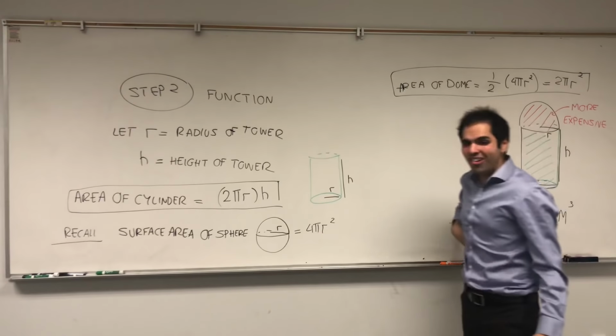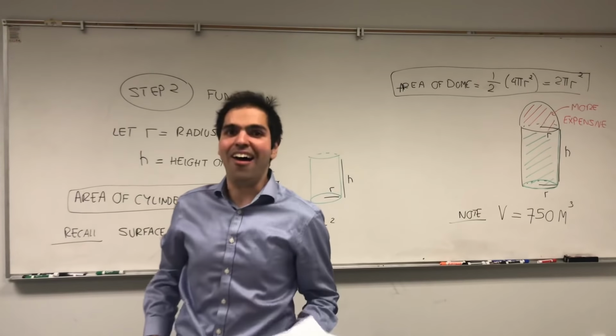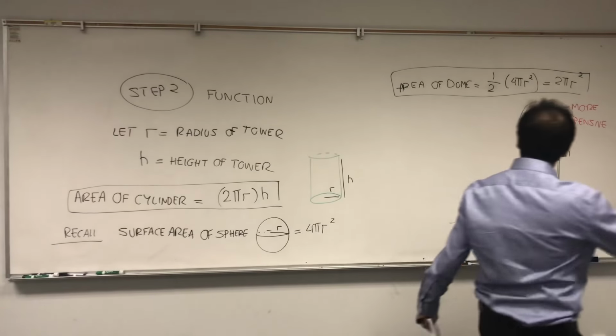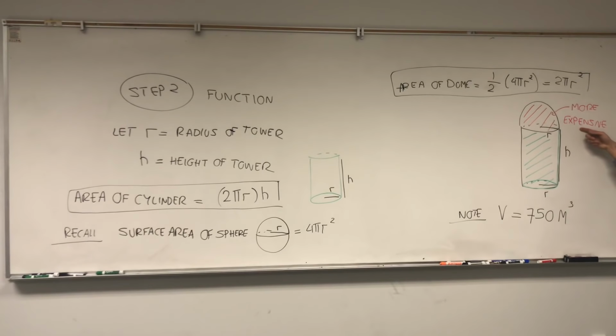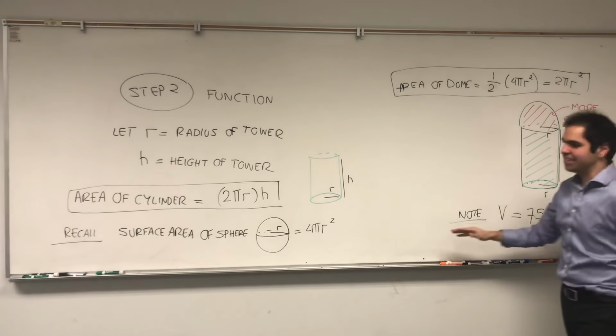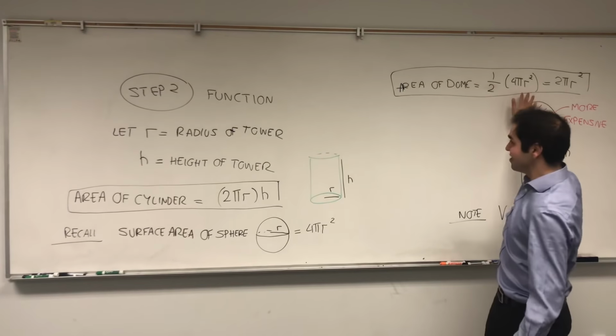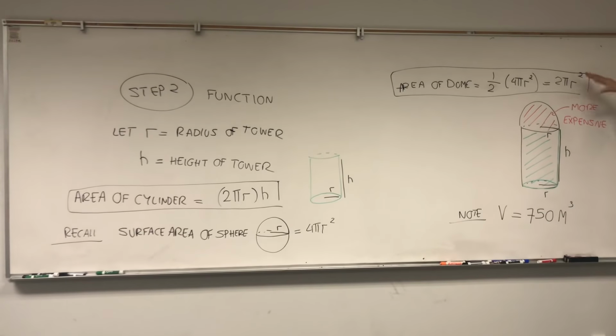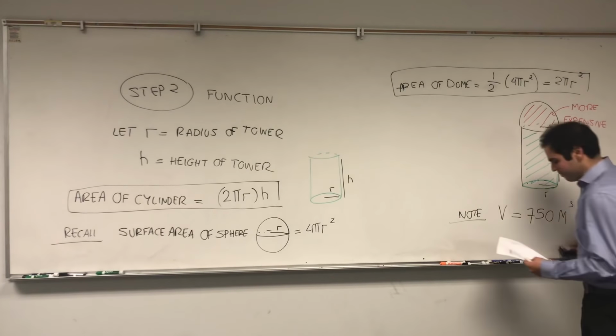But careful, this is not quite the cost of your tower, and this is why our little note was very useful. Remember that the dome is 50% more expensive than the cylindrical tower. So what we have to minimize is not this plus this, but this plus 50% more than that. So 1.5 times that.